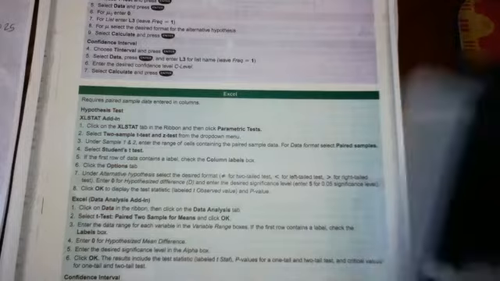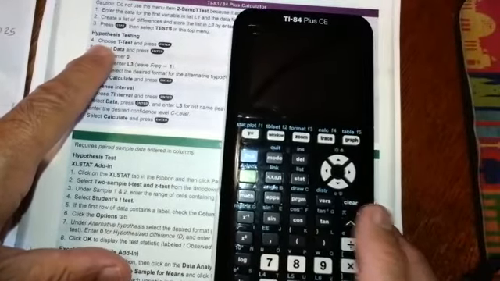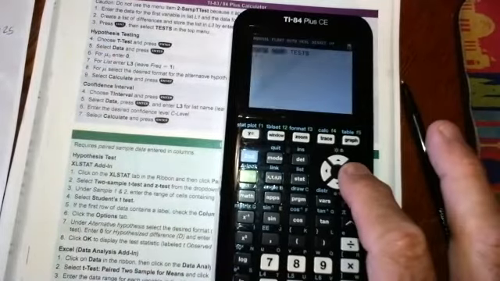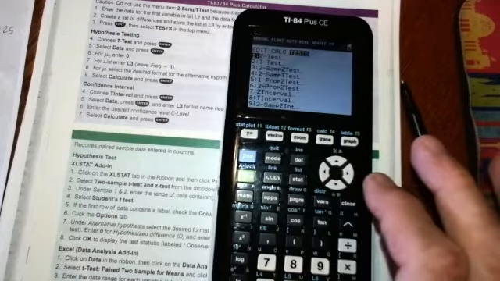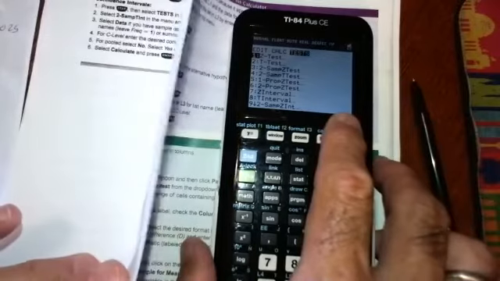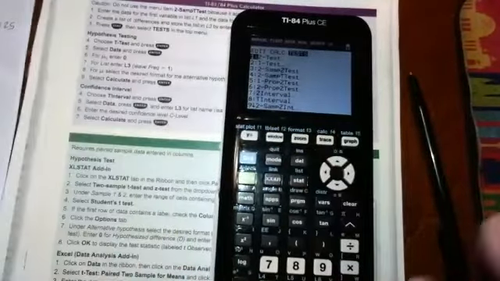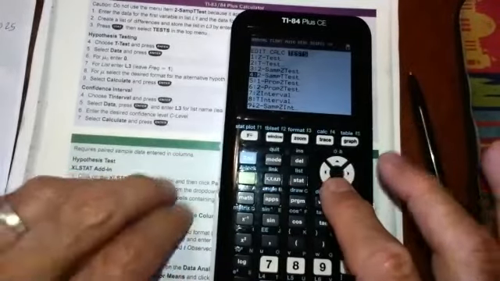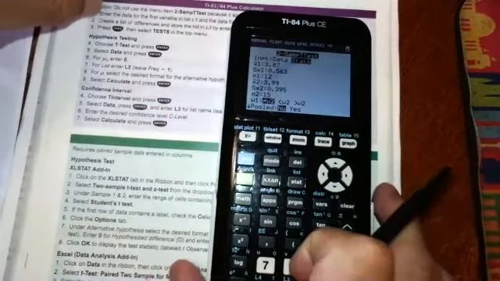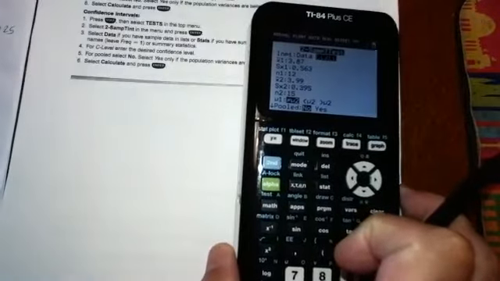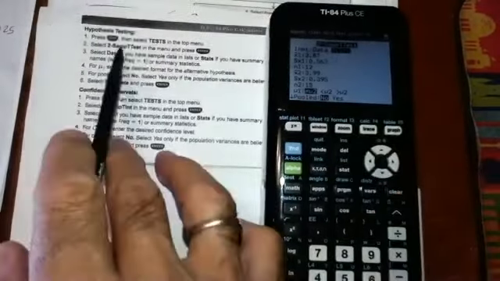So for that, to find the t value, first use the test and the t-test. So it would be 2-sample t-test.